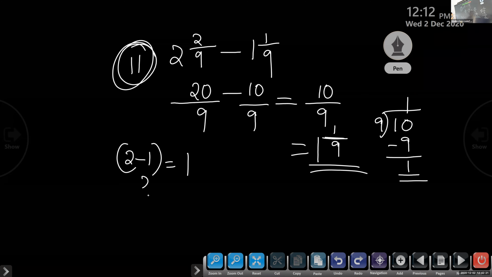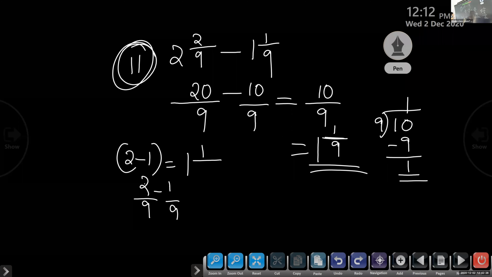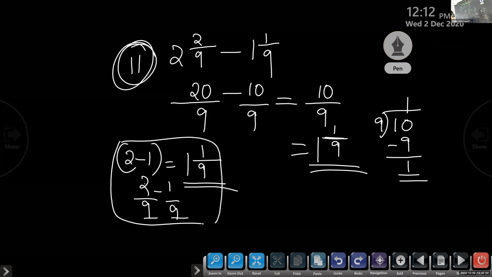And 2 by 9 minus 1 by 9 is 2 minus 1, 1 by 9. This method also, children, we can do. But always you have to check whether the denominators are the same. Then only we can use this method. So the converting method and this method also we can study. If the denominators are the same, this method is easy. Otherwise, you have to do the conversion method.